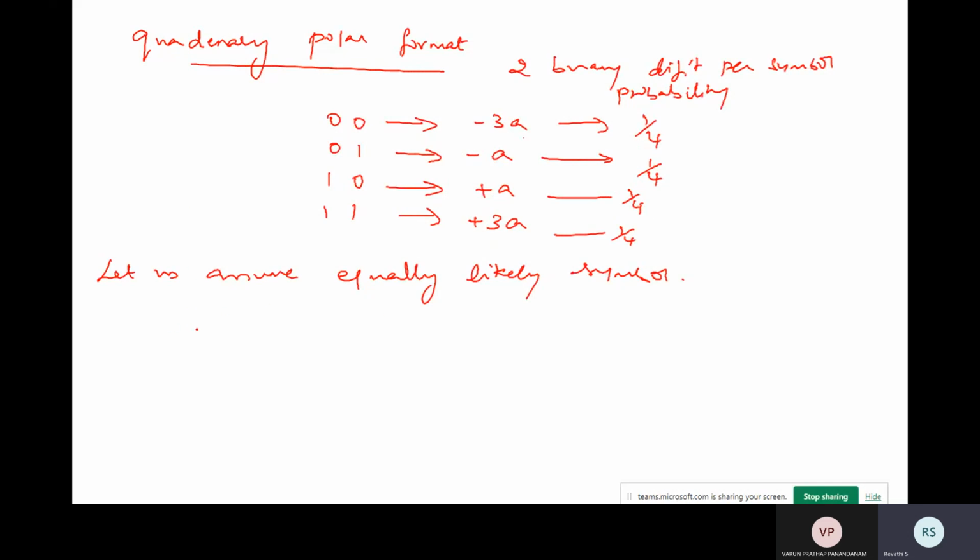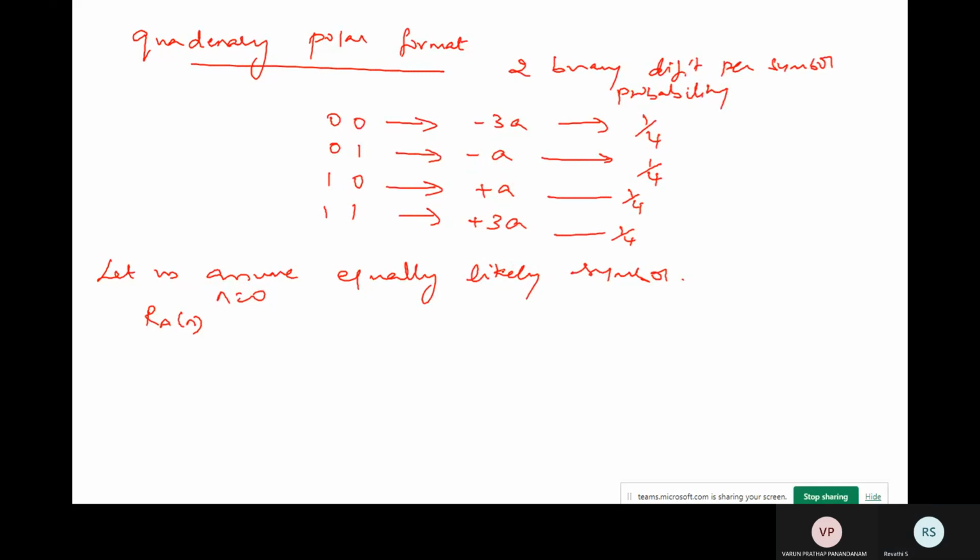So now again what we try to do is find RA of n when n is equal to 0. Here n equal to 0 means that we are concentrating on the same symbol duration, so that duration has only minus 3a or only minus a or only plus a or only plus 3a, any combination.